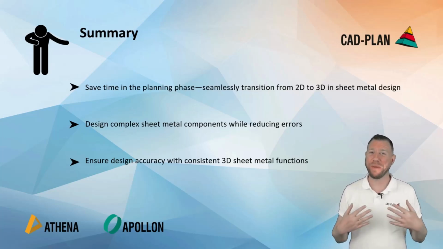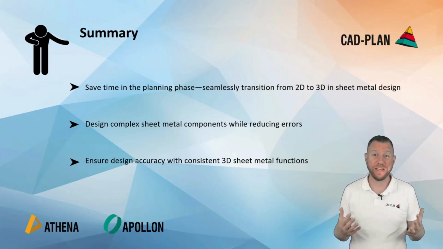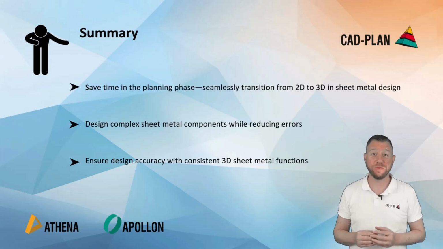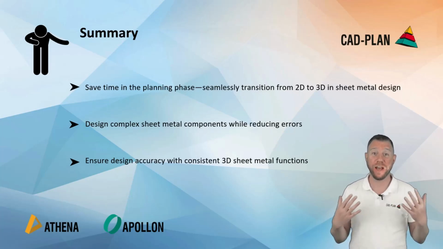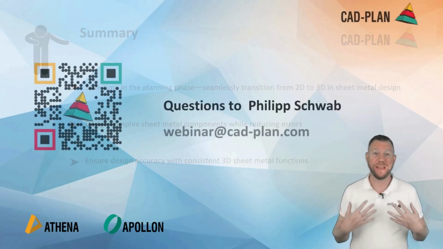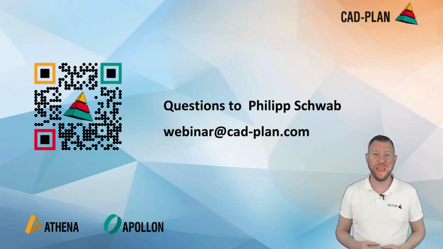At the same time, it has become clear how even complex sheet metal components can be engineered in a reliable and transparent way. By consistently using existing planning data, potential errors can be identified at an early stage and reduced in a targeted manner.